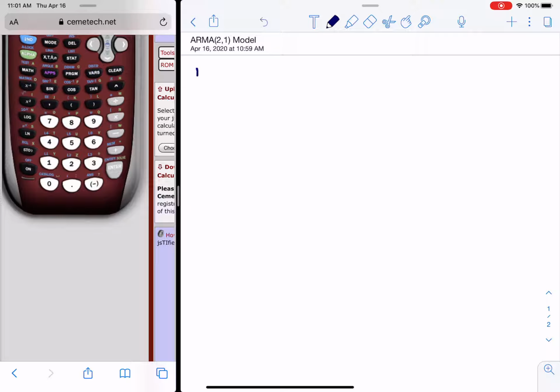So the model can be expressed as x_t minus phi1 x_{t-1} minus phi2 x_{t-2} equals a_t minus theta1 a_{t-1}.